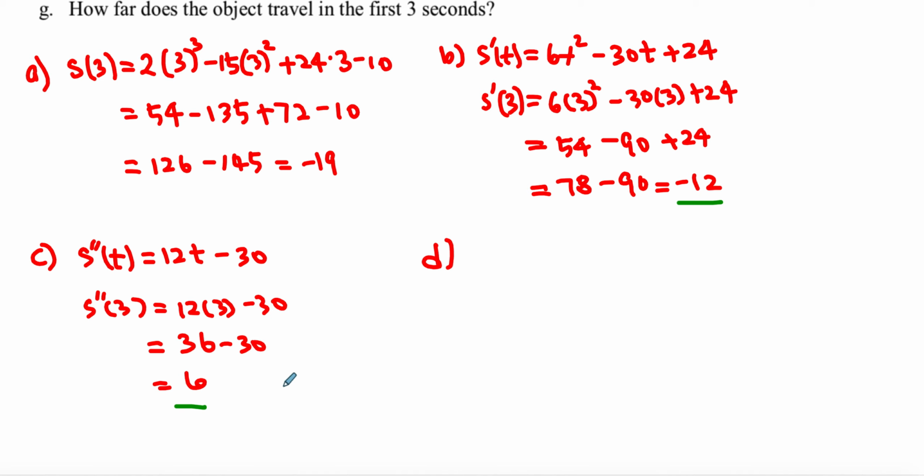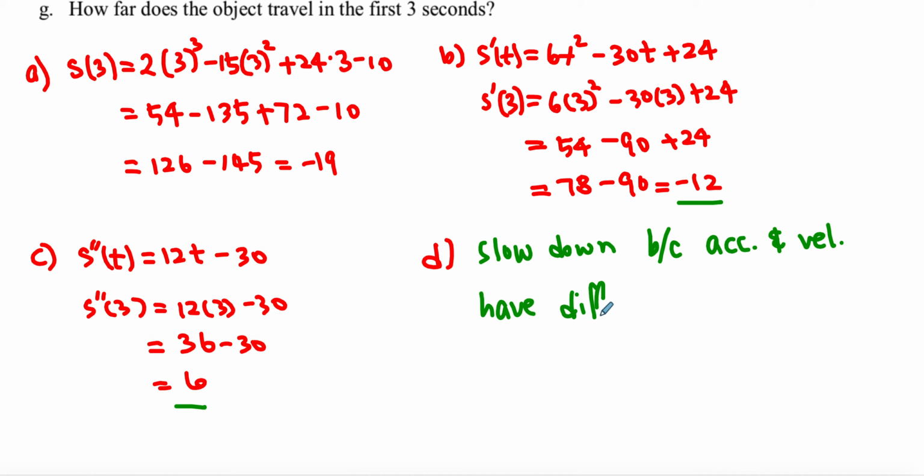Signs are not the same, so therefore it will slow down. And the reasoning is because acceleration and velocity have different signs.